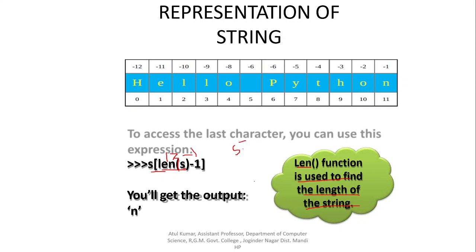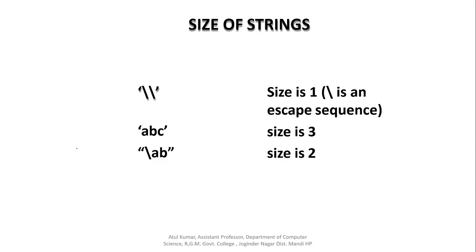So s, and in brackets there is 11. So the element at index 11 is accessed, and the value at index 11 is n. So n is printed. So the len function is used to find the length of a string in Python.